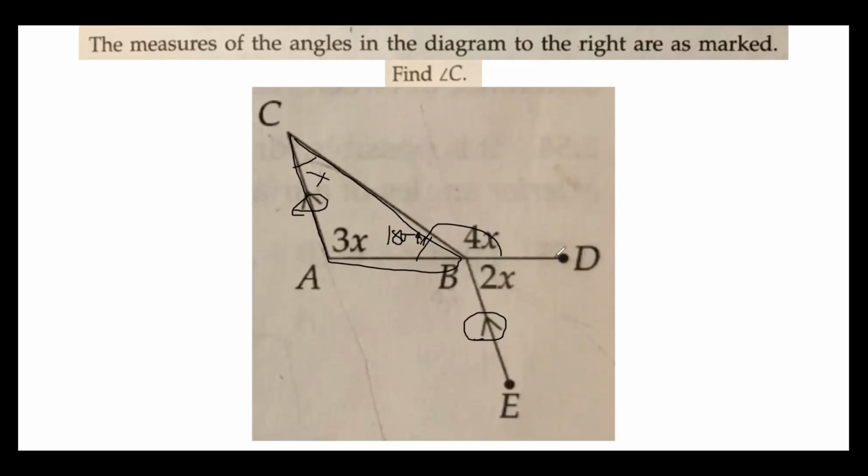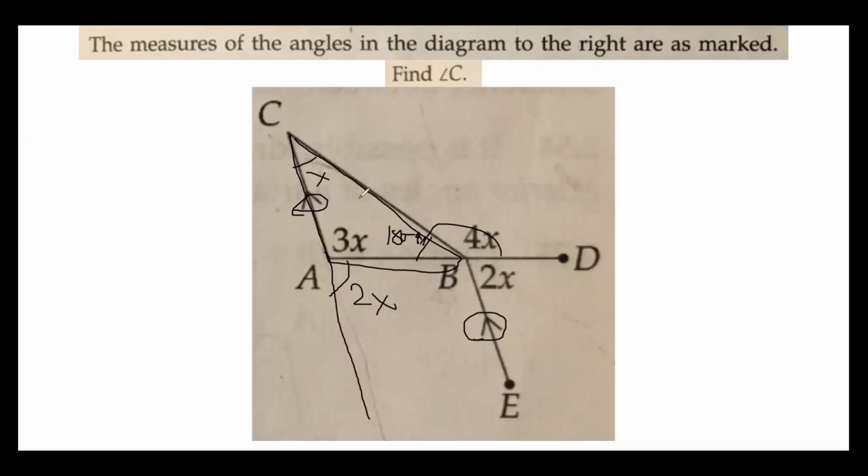And in this diagram, there are no corresponding angles immediately. But if we extend this line CA past A like this, you'll see that this angle right here is equal to 2x. Is X equal to 36?